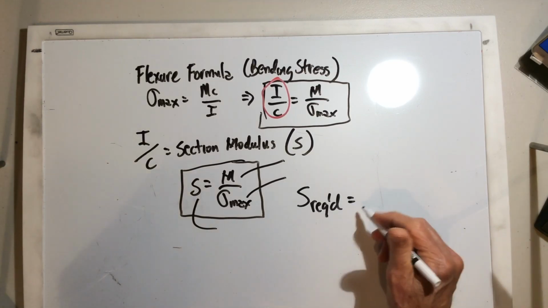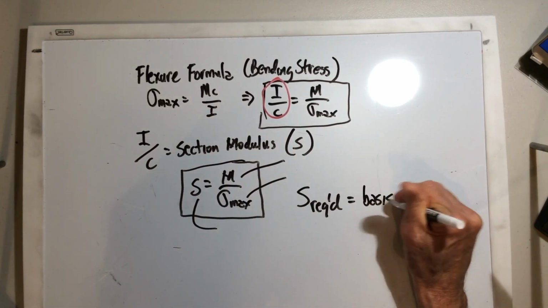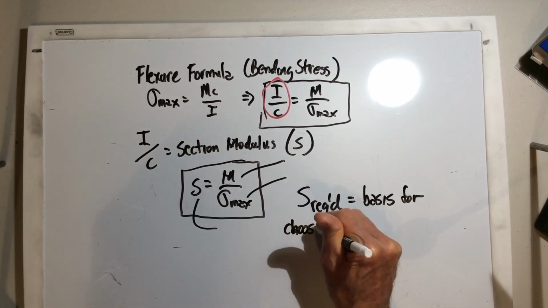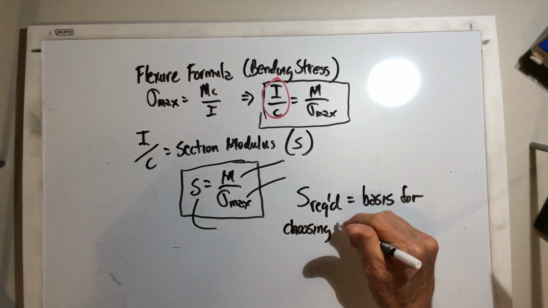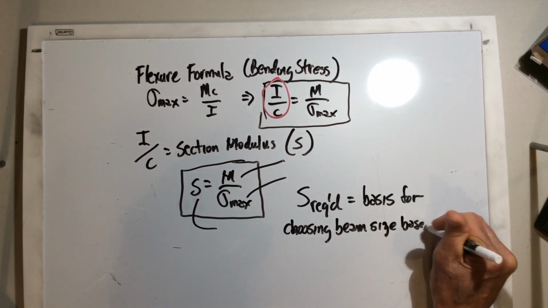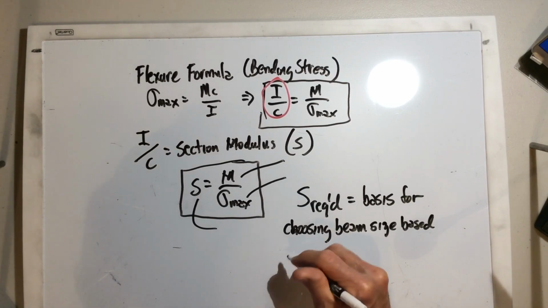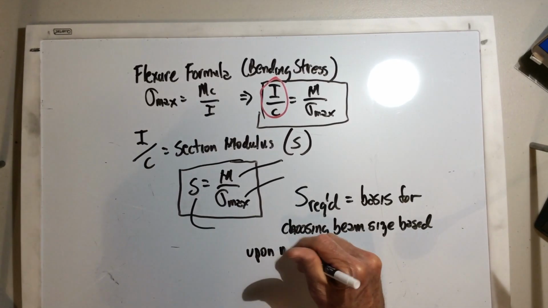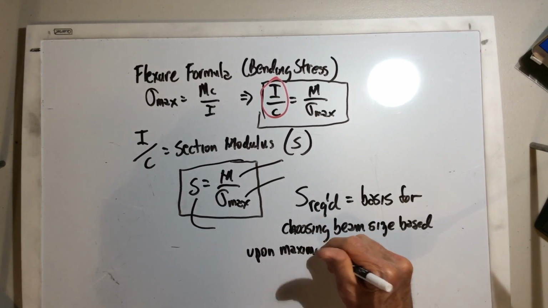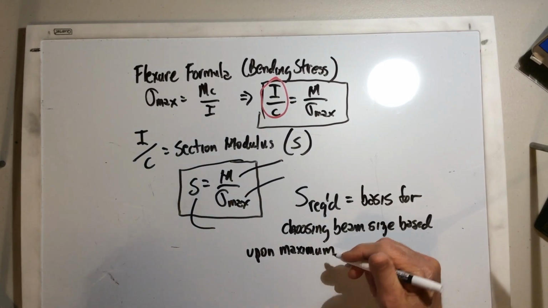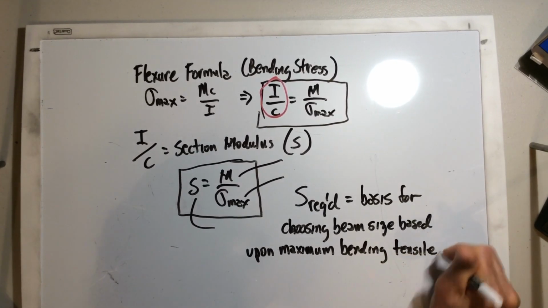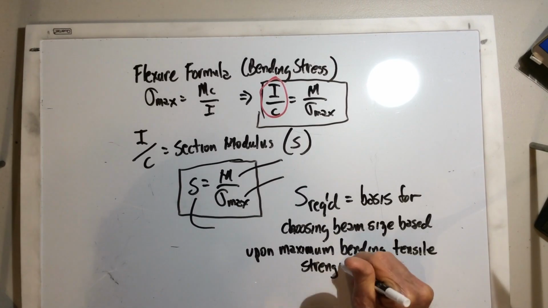Okay, there goes the timer. So this S required will be the basis for choosing beam size based upon maximum bending tensile strength.